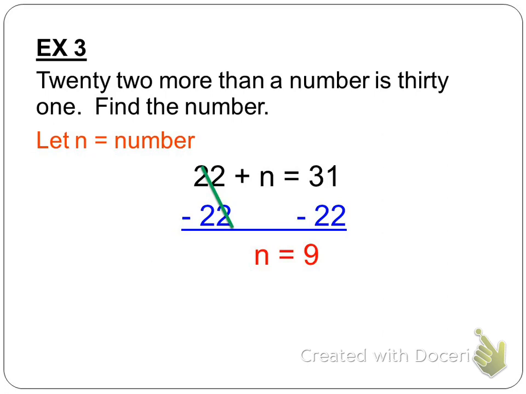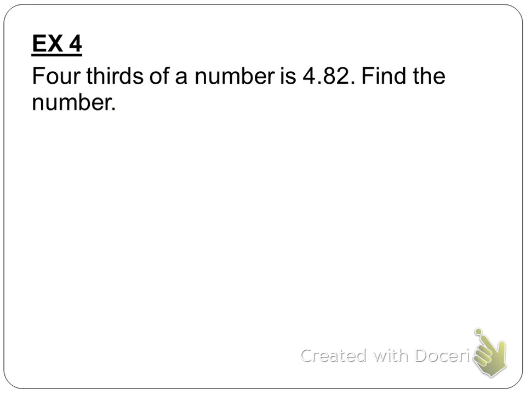All right, 2 more. So close I can taste it. Four-thirds of a number is 4.82. Woo! I'm glad for those calculators today. So, set up a variable. I'm going to use A. So now I'm going to let A equal that number.